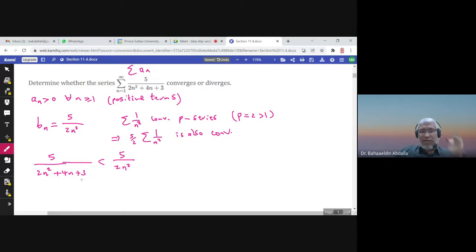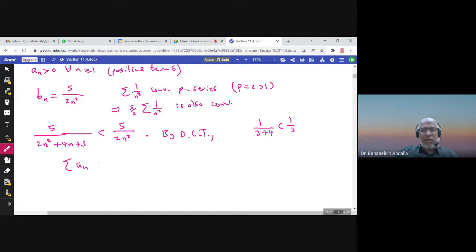Notice that everything is positive, n is greater than 1. So 4n plus 3 is a positive number, and we are removing this number from the denominator, so we are making the denominator smaller. So if you have 1 over 3 plus 4, for example, and you want to compare it with 1 over 3, of course, this is less than 1 over 3 because you made the denominator smaller. So this is correct, this is true. Then by direct comparison test, summation an is also convergent.